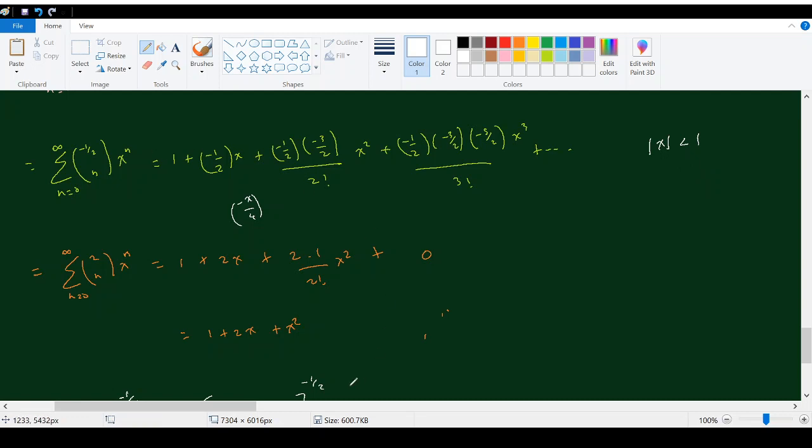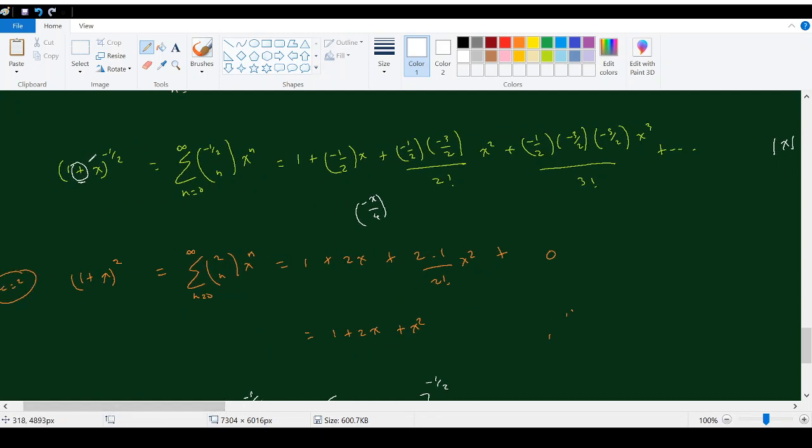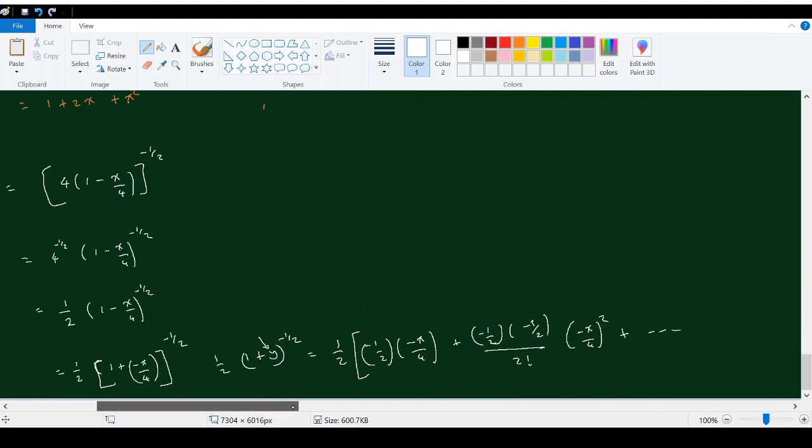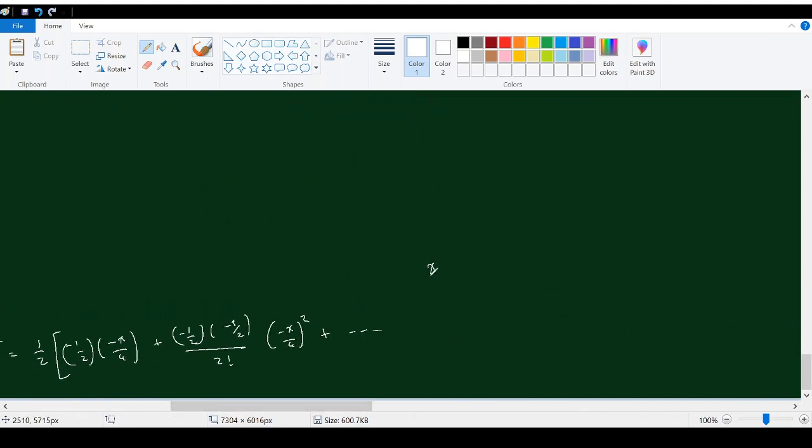In this case, in order to get the radius, what you need is the modulus of this right hand term, and in this case the modulus of the right hand term will represent the modulus of x by 4, right? Not just x. So this thing should be less than 1, therefore x will be less than 4, therefore the radius will be equal to 4, right?